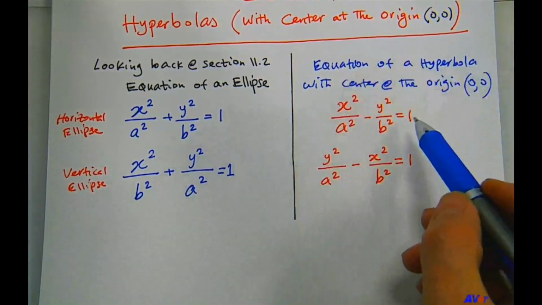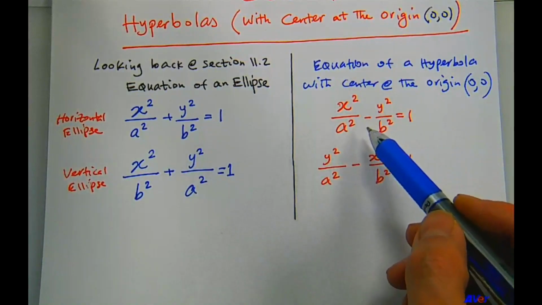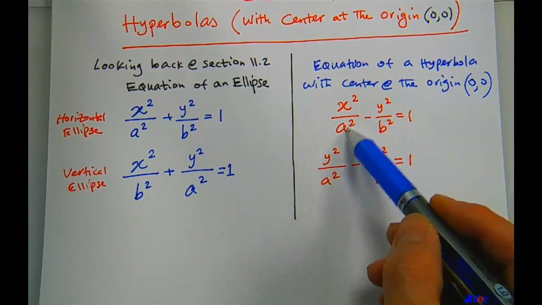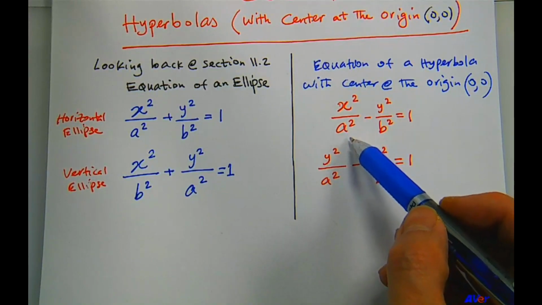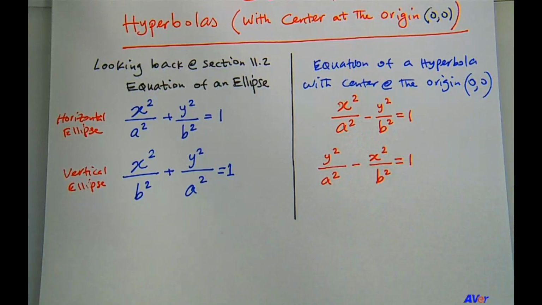But in hyperbola, the a squared term is associated with the vertices.